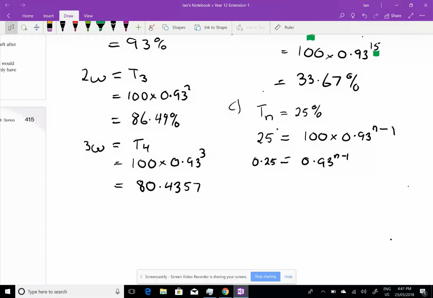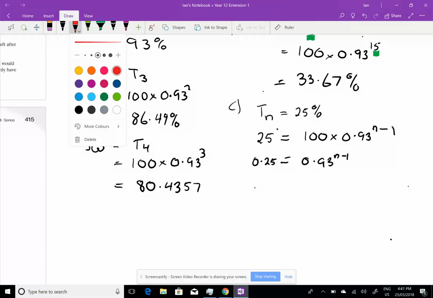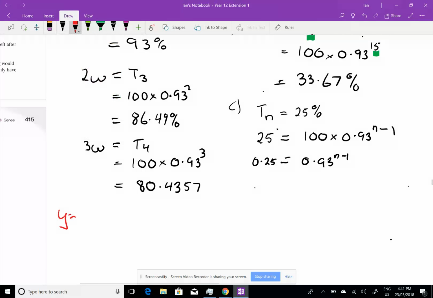Now you could take the log of both sides, but I like playing with the actual definition. Remember the definition? y equals a to the x, well, x equals log to the base a of y. And if I go over here, n minus 1 equals log base 0.93 of 0.25.